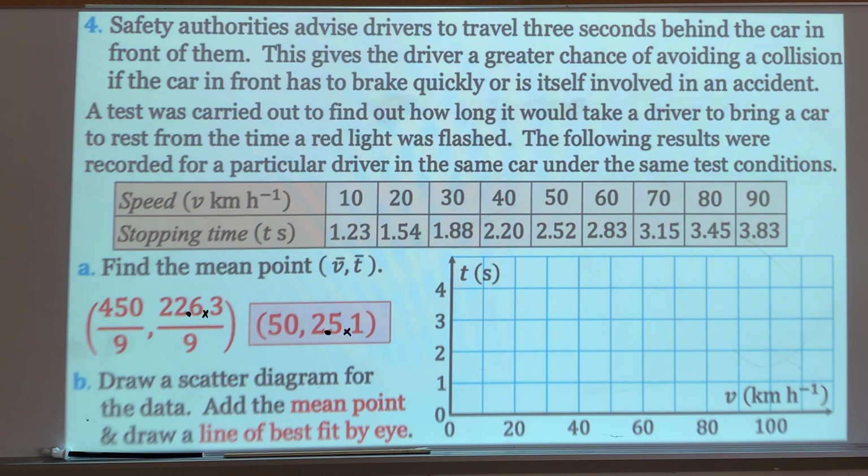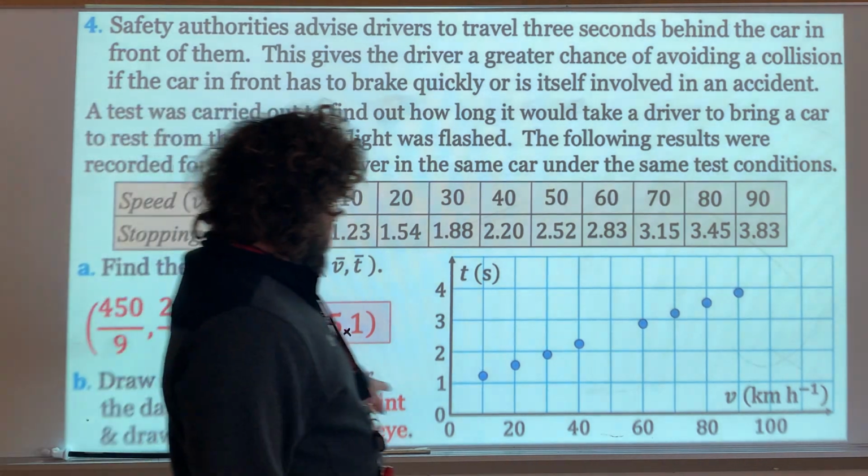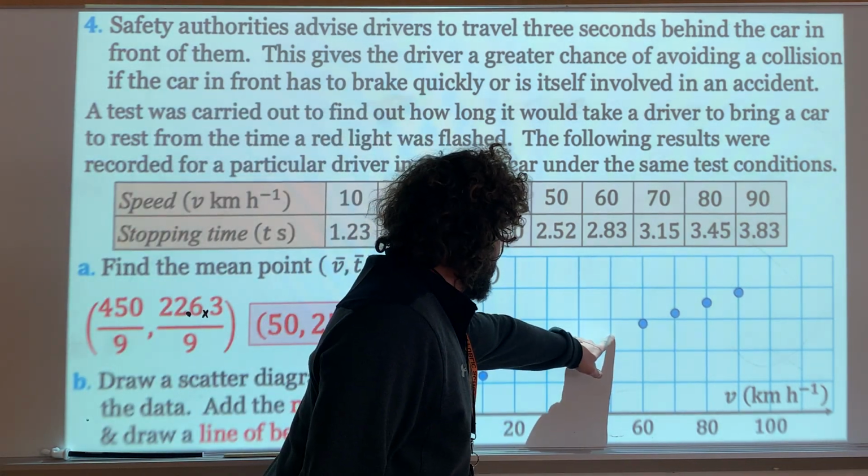All right. So draw a scatter diagram for the data. You're drawing your scatter diagram. All right, I'm putting my mean point. It's over 50, up 2.51.